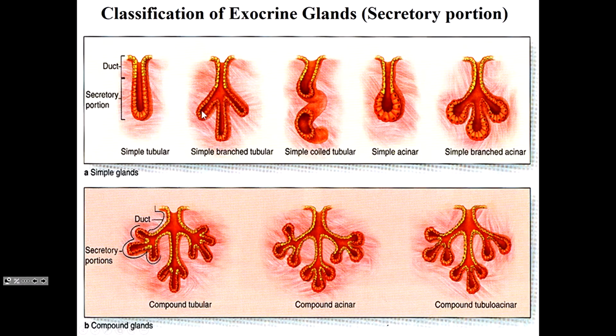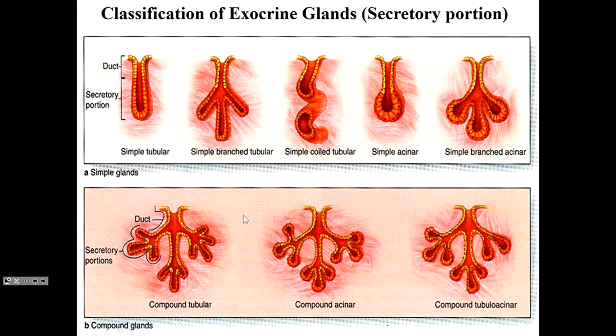Sometimes that tube can be branched, so that'd be a branched tubular. Sometimes that tube can be coiled, so that's a coiled tubular. And then besides tubular, we can have acini, which is like this grape-shaped structure. So we can see an acinus, single acinus, or in this case, a branched acinus. 1, 2, 3 branches, so that's a branched acina.